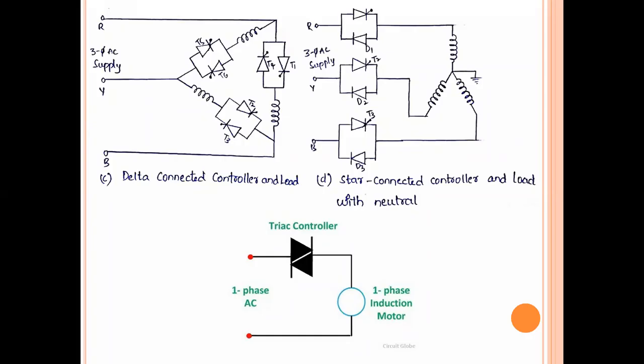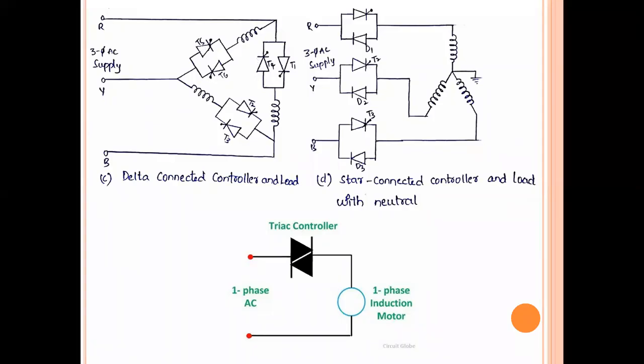And the speed control of this induction motor can be obtained with the help of, you can see here, thyristors, right? To these thyristors, we will give the triggering pulse. That triggering pulse can be controlled by the firing angle.